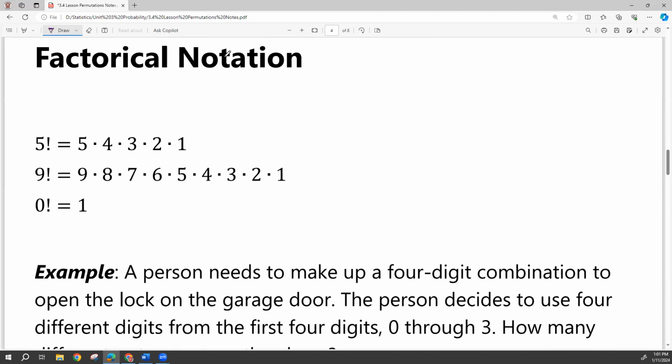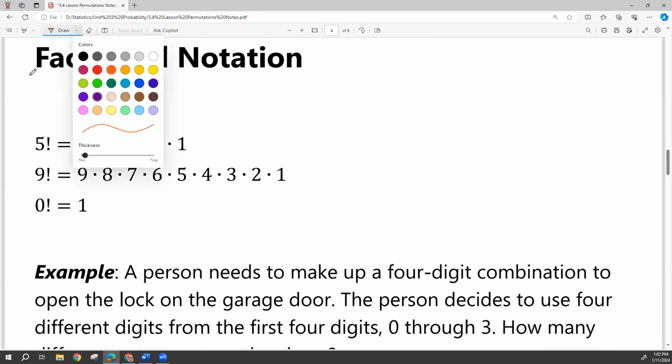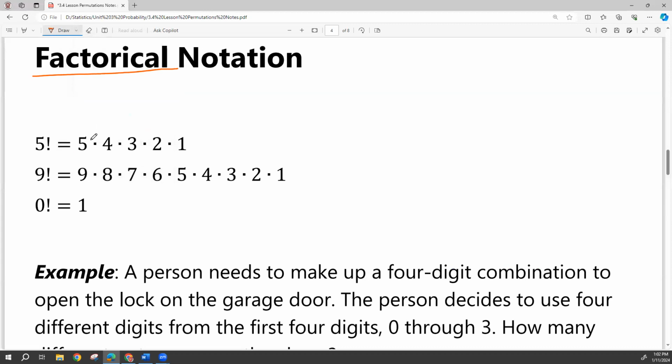Before we can go on to the next one, we do need to quickly stop and talk about factorials. Hopefully, you've seen a factorial before. It sort of looks like a number yelling out loud with an exclamation point, but really this exclamation point is the factorial function. And that means to take whatever this number is and then multiply by each of the integers not equal to 0 below it.